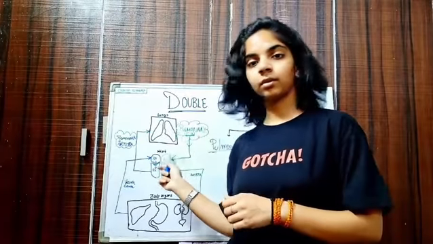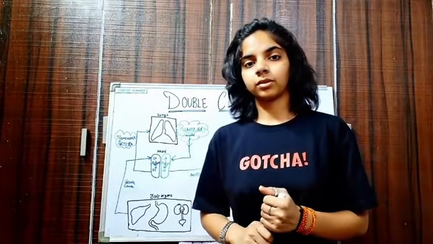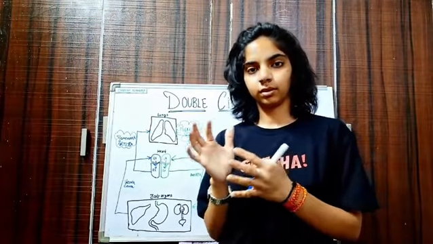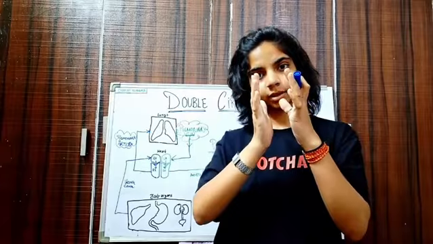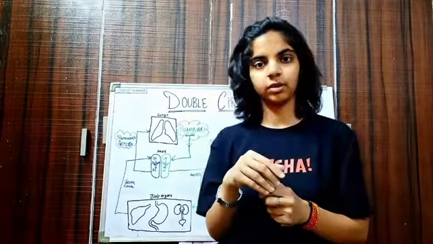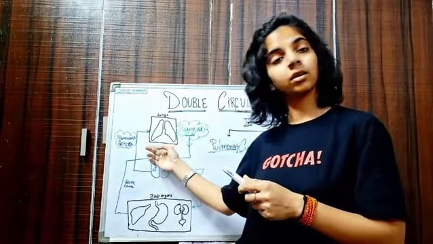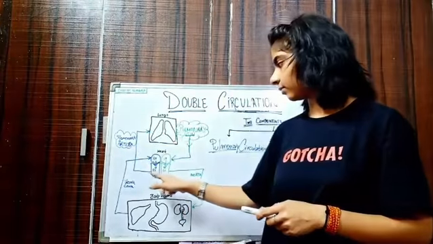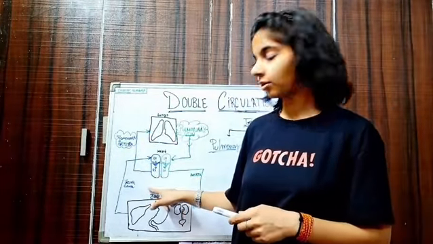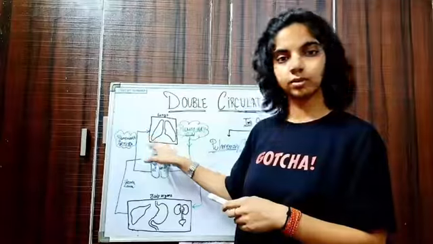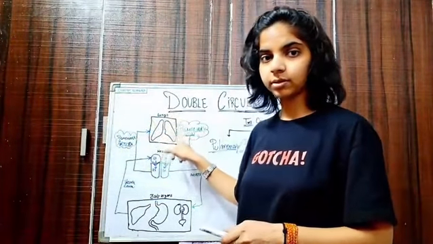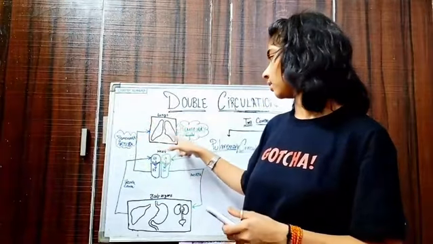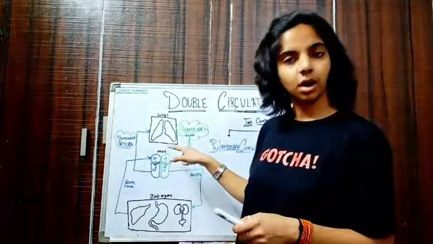Now as you know about the double circulation very well, it is the circulation where the blood flows from the heart to the lungs and again from the lungs to the heart. Wherever there is a role of lungs in circulation, like from the right ventricle, the deoxygenated blood goes to the lungs, and in the lungs the blood is getting oxygenated and coming back to the heart.